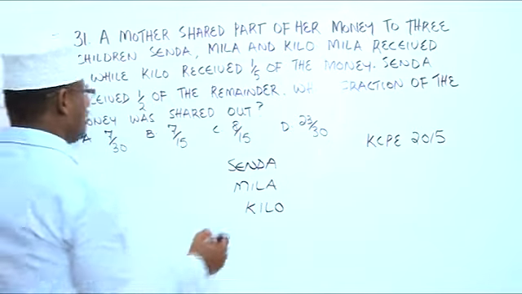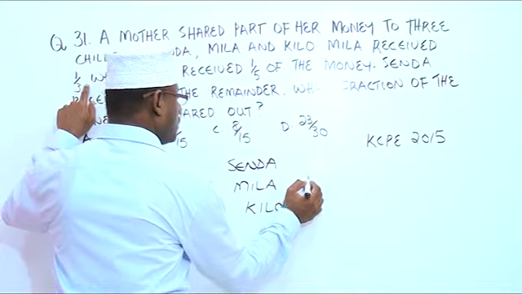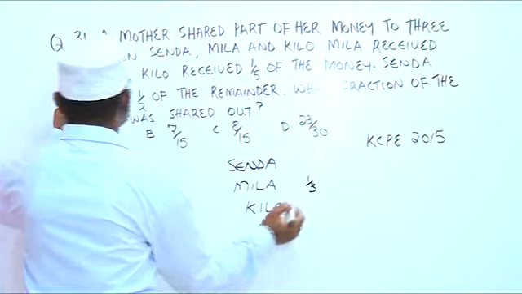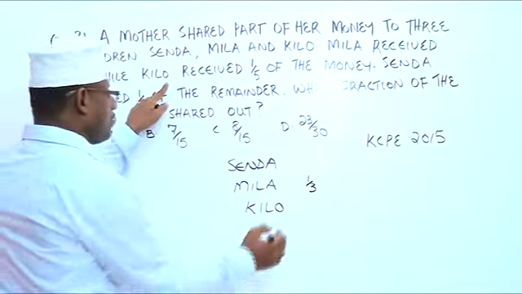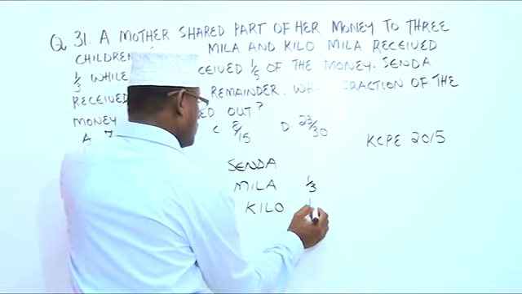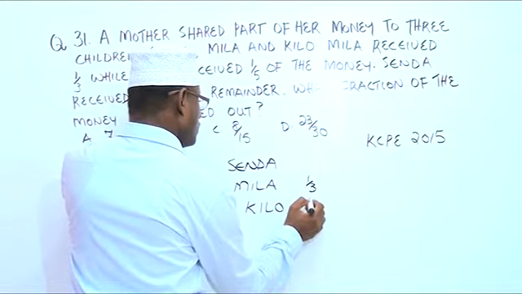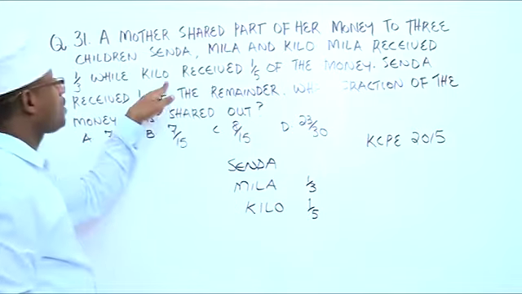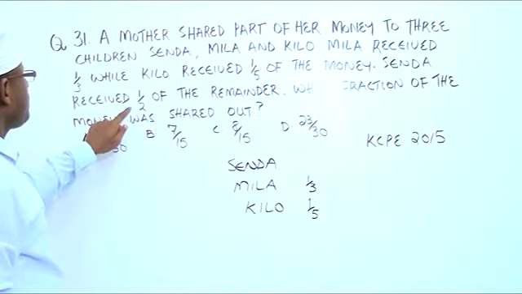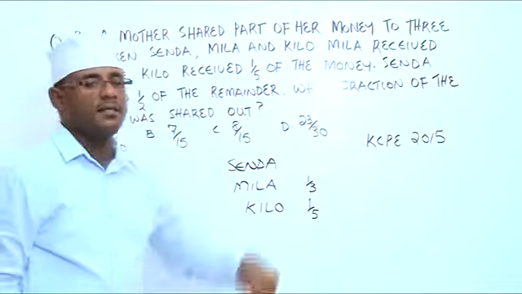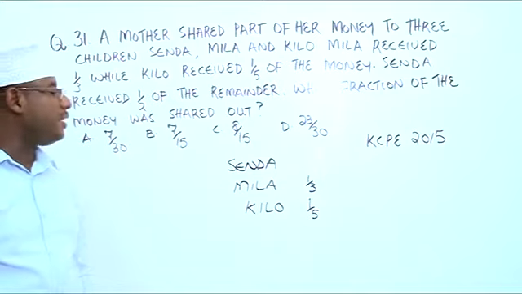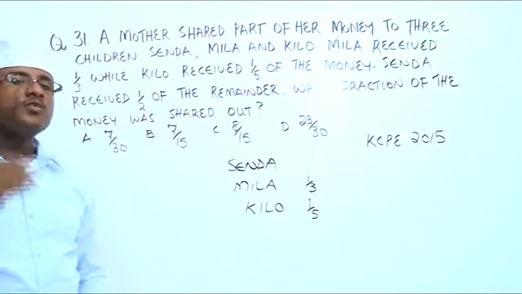Mila received 1/3, while Kilo received 1/5. Okay? Senda received a half of the remainder.